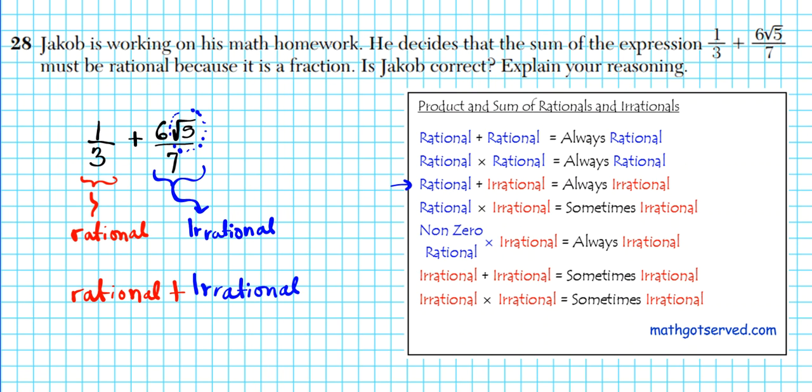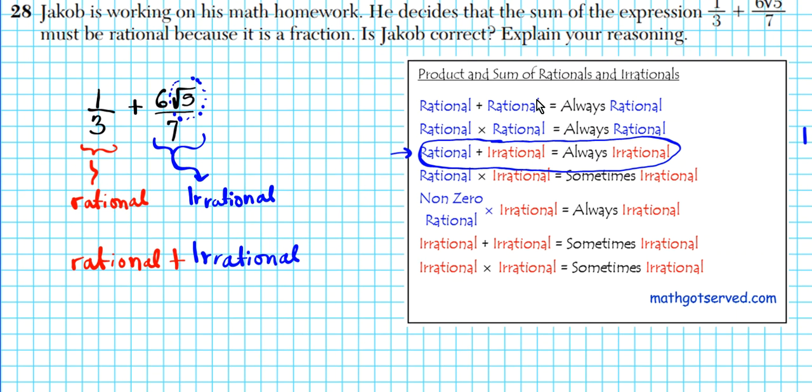Rational plus irrational is always irrational. Okay? So let's go ahead and work it out. If we wanted to combine the two fractions, we have 1/3 plus 6 root 5 over 7. To combine these two, we need to find the LCD, which is 21. So we'll multiply this by 3, top and bottom, and multiply this number here by 7.